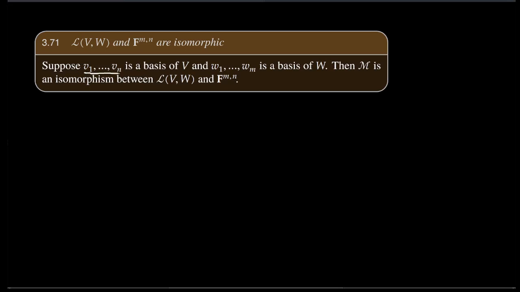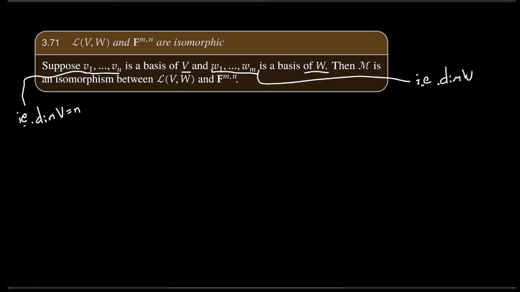Take v1 through vn to be a basis of V, i.e. dim V is equal to n. And let's take w1 through wm to be a basis of W, i.e. dim W equals m.